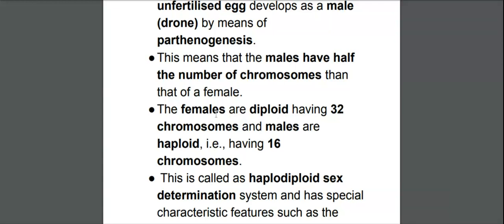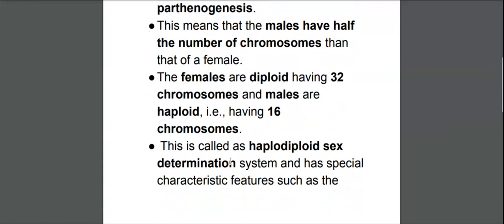Because females, like we said in the earlier point, are formed after fertilization, whereas the unfertilized egg will directly develop into the male, so they have just 16 chromosomes.